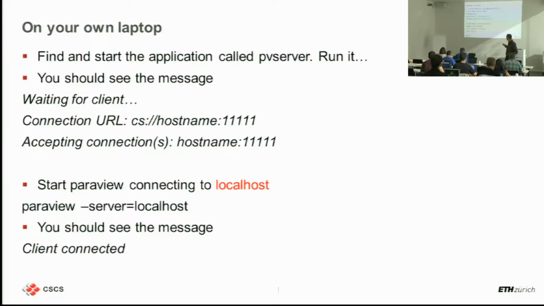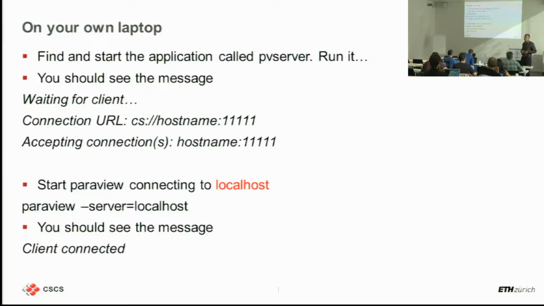Accepting connection. Then you will start ParaView itself connecting to localhost. So connecting to itself. And that should result in the message client connected, and you should have a live session. So that's the first thing to do.